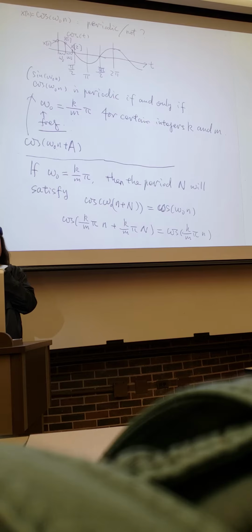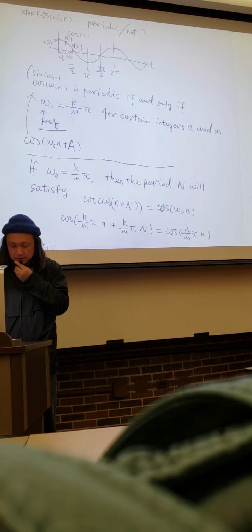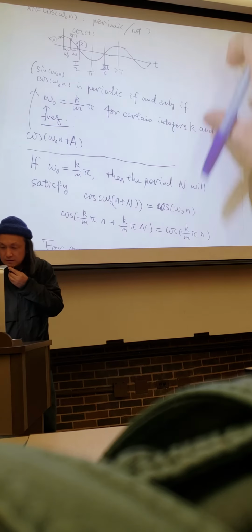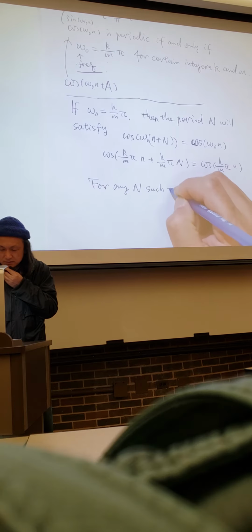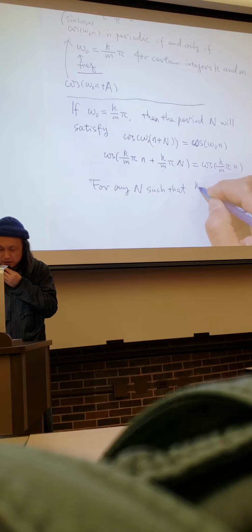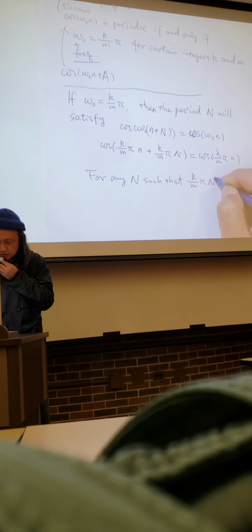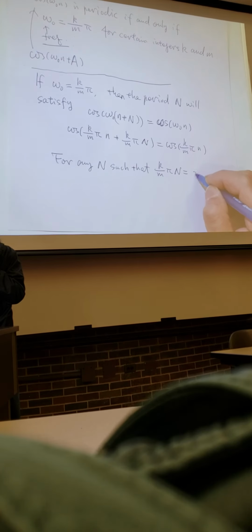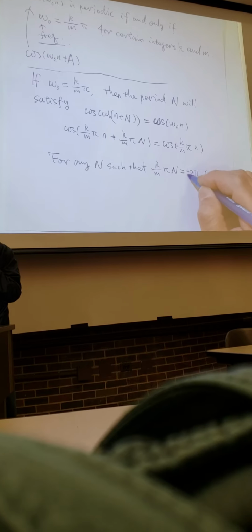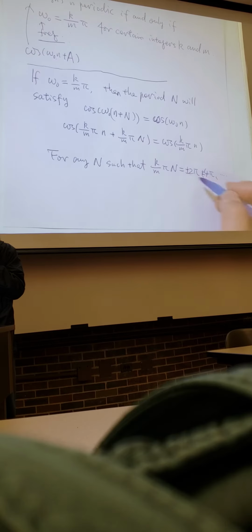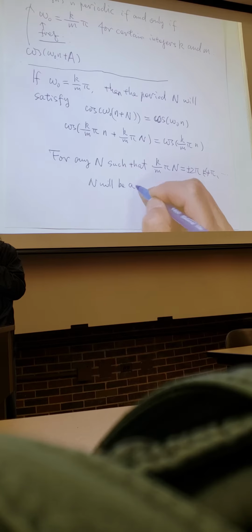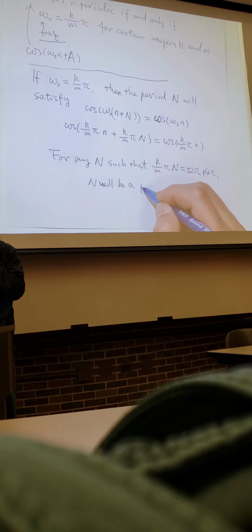For this one, we have a lot of solutions. You can imagine, right? For any N such that k over m pi N equals some 2 pi, 4 pi, plus or minus 4 pi, and so on, all of these N will be a period.